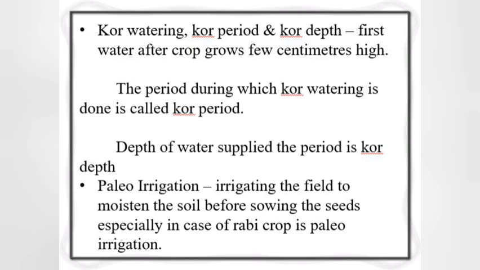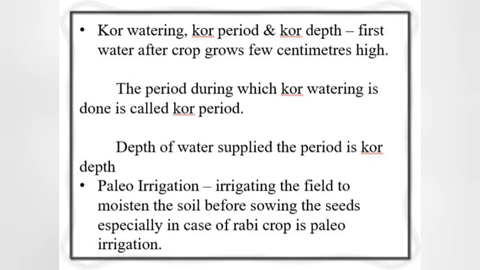Next is paleo irrigation. Sometimes in the initial stage, before the crop is sown, the land is very dry. If the land is very dry, we are supposed to wet it with water so that it is feasible for sowing the crop, right? So watering to moisten the soil before sowing the seeds is called paleo irrigation.